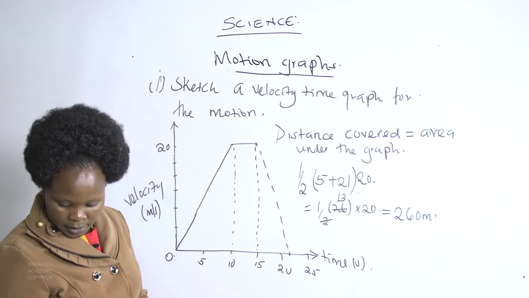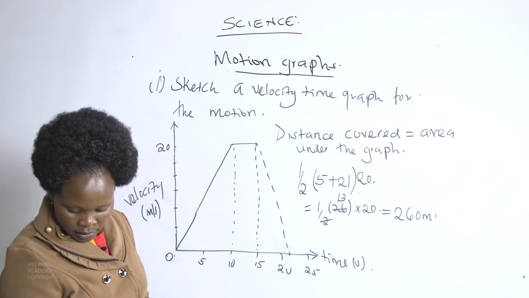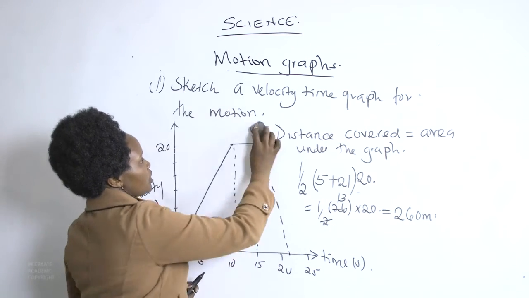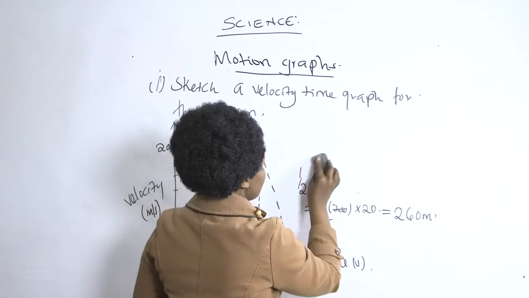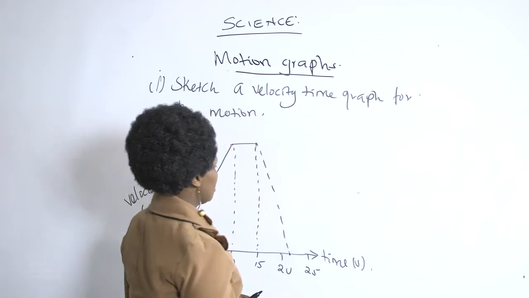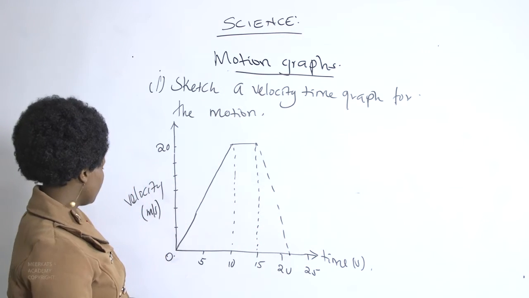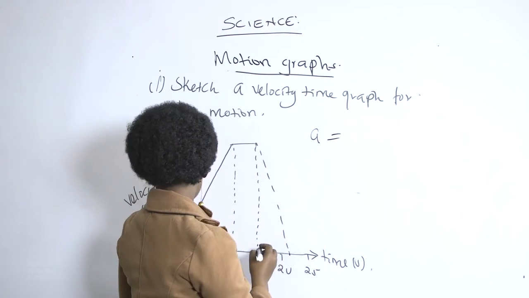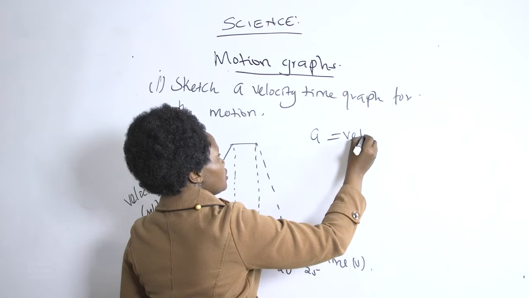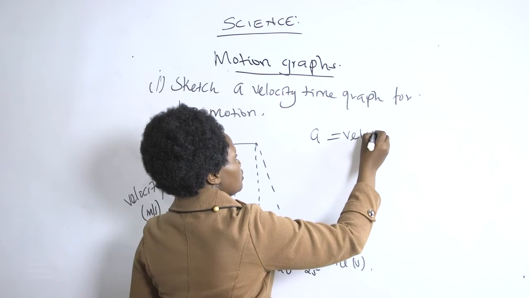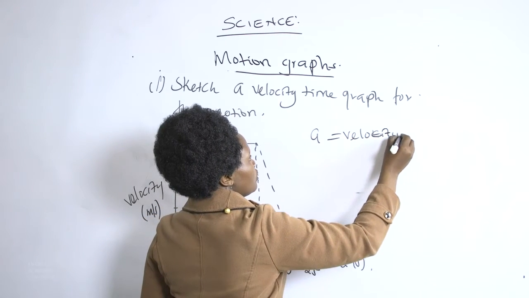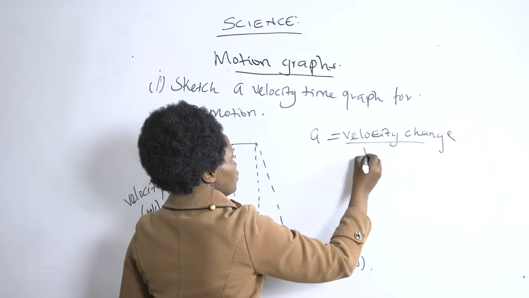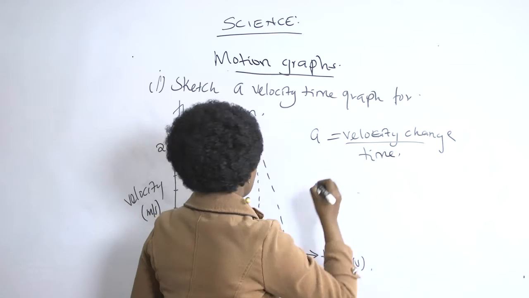Then the last part requires us to get the acceleration at each point. Here, acceleration is equal to change in velocity divided by the time taken.